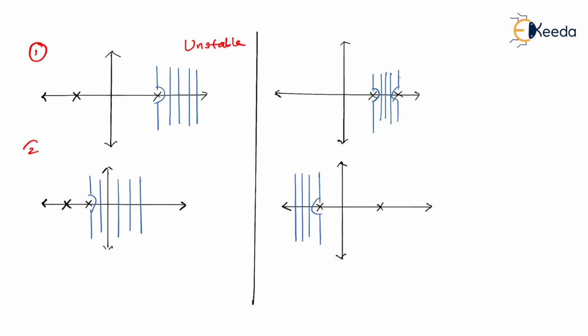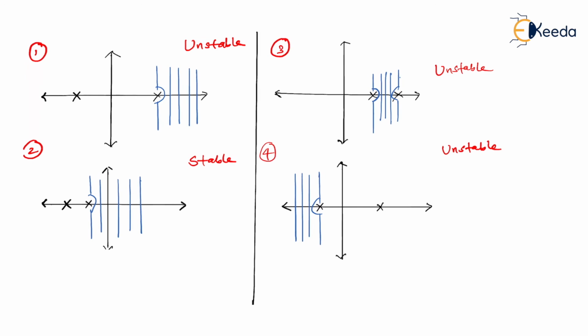In second example, ROC is including j omega axis, it is stable. In third example, ROC is again not including j omega axis, it would be unstable. And in fourth example also, ROC is not including j omega axis. Unfortunately, this is also unstable.